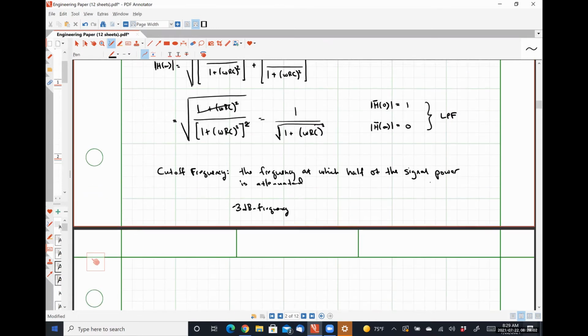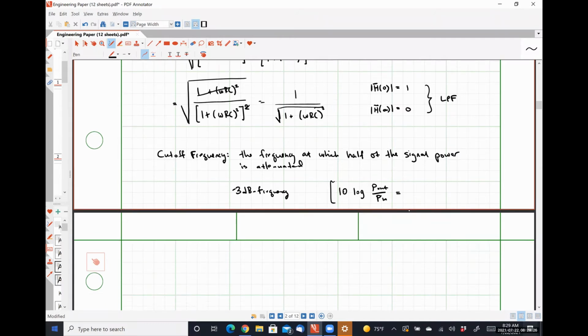A decibel, mathematically, we would have 10 log of the output power divided by the input power gives us our decibel value. Well, this is going to be the exact same thing as 20 log V out over V in. Okay, so that's how we find the decibel value.